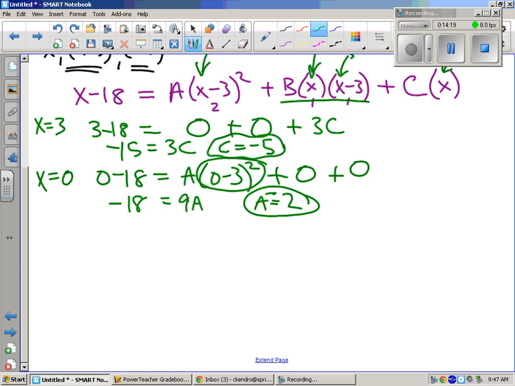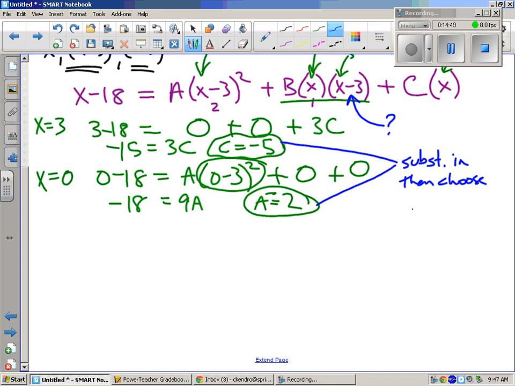All right, the third one is a little trickier, because my next parentheses is right here and I've already chosen 3. So I can't choose 3 again, because I'll get the same value for c that I did the first time around. So what you do in this case is, with these two answers, we're going to substitute these in, then choose any value for x that you haven't already chosen.